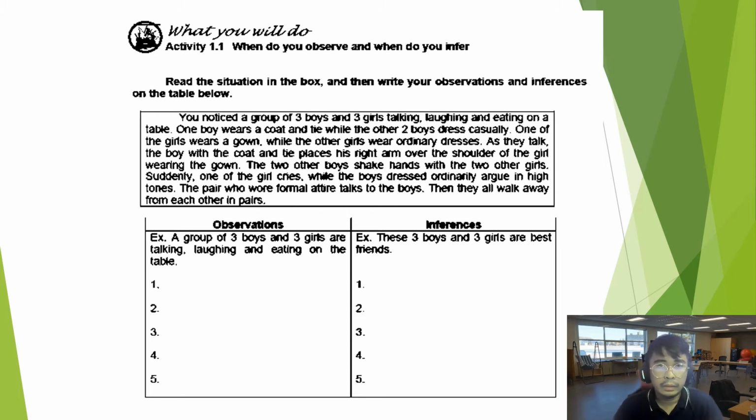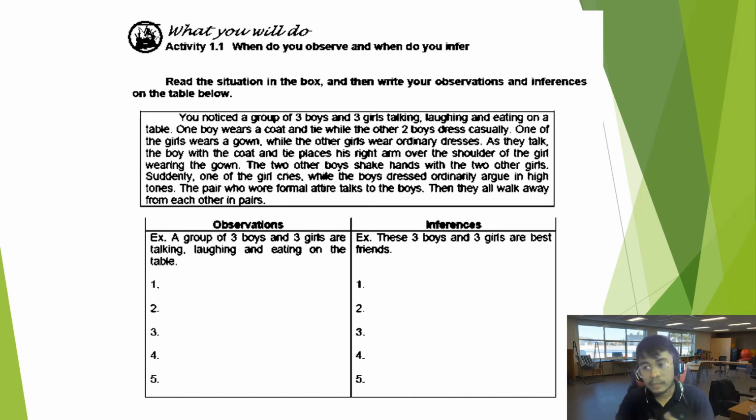But out of this observation, you can come up also with an inference. Okay? So an inference is just like this. The three boys and three girls are best friends. Okay? Bakit mo ito nasabi? Kasi nga, sila ay nag-uusap, tumatawa, at kumakain ng sabay-sabay sa table. Okay?